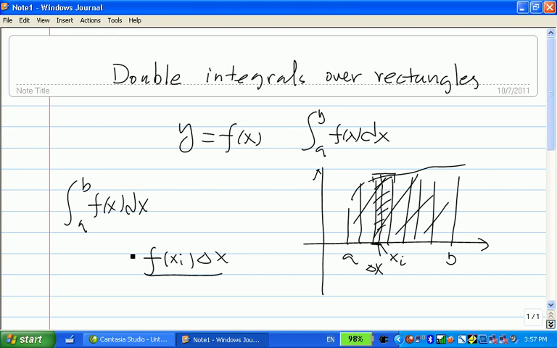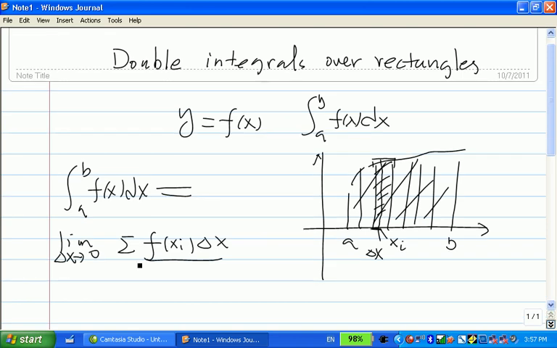Then adding them together gives you a good approximation to the area under the curve, and this approximation gets better and better as delta x goes to 0. So if we take a limit, letting delta x go to 0, that's the definition of this integral, which gives you the area under the curve.